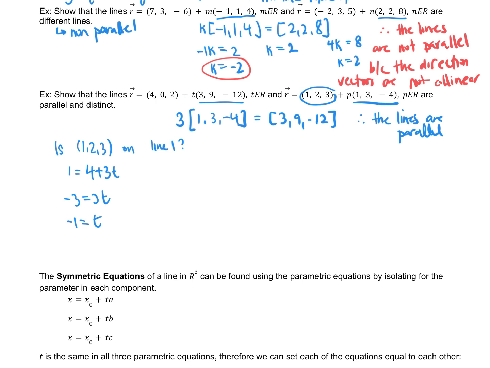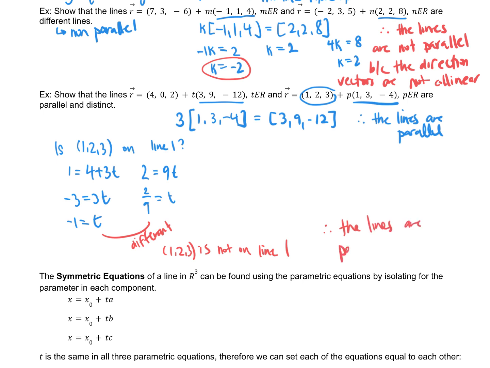All right, the parametric equation for line 1 for y is 0 plus 9t, so that's just 9t, and y is 2. Well, I can already see they're different. I don't even have to go on to z. But this means it is not on the line. So they don't share any points. Therefore, the lines are parallel and distinct.